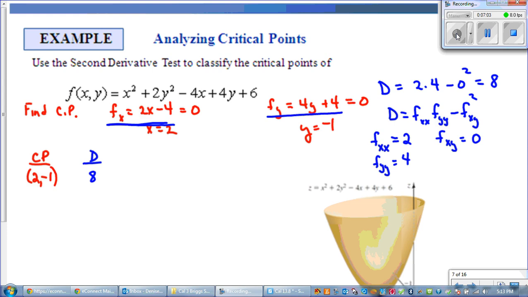Okay, so now when the discriminant was positive, we needed to look at the second partial with respect to x at that point. Well, the second partial with respect to x is 2, and it doesn't matter what the point is. So when the discriminant is positive and the second partial with respect to x is positive, that means we have concavity upward, which means that we have a local minimum.